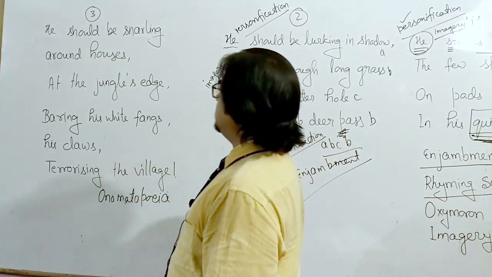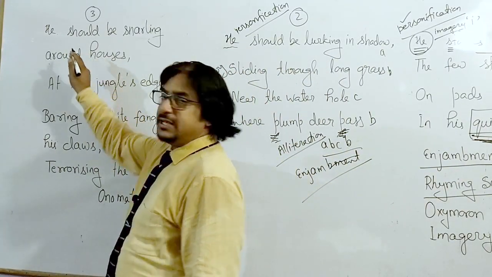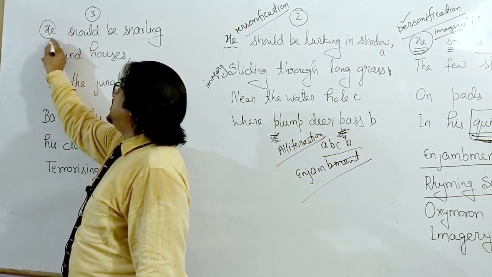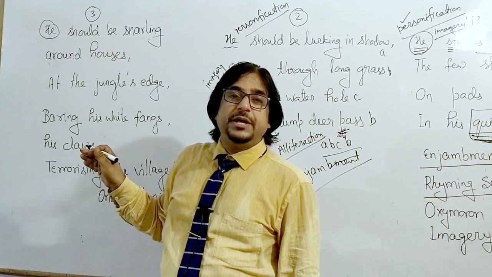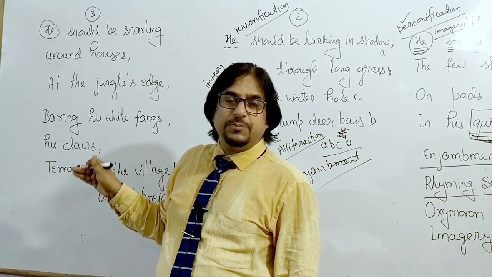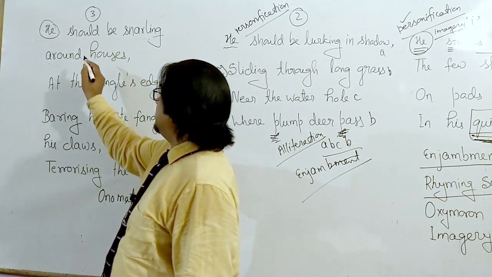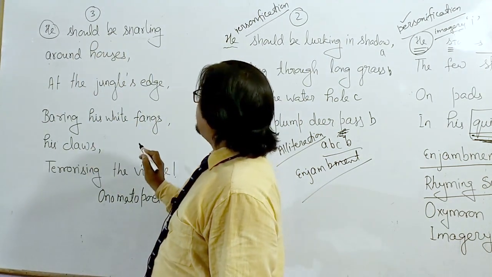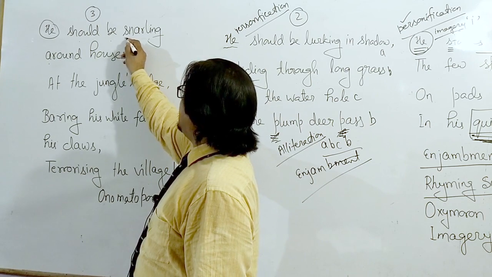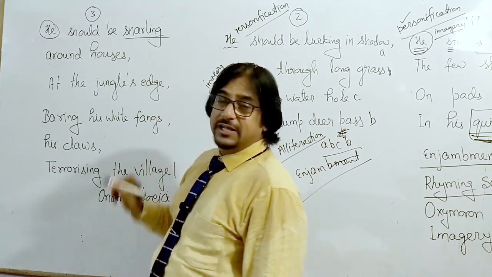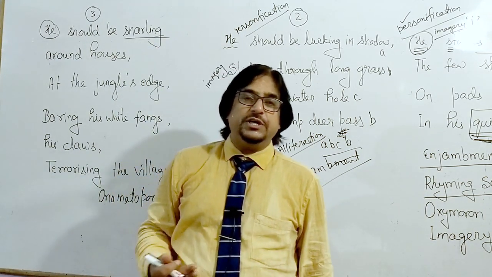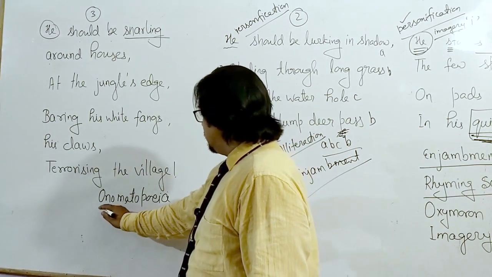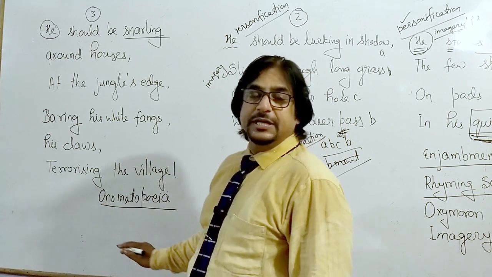In the third stanza, "he" is again used, so personification is here. Here again we are getting the imagination of a scene, so the imagery poetic device has been used. After that, we are getting the word "a snarling". It is a sound word, and for a sound word we say onomatopoeia.